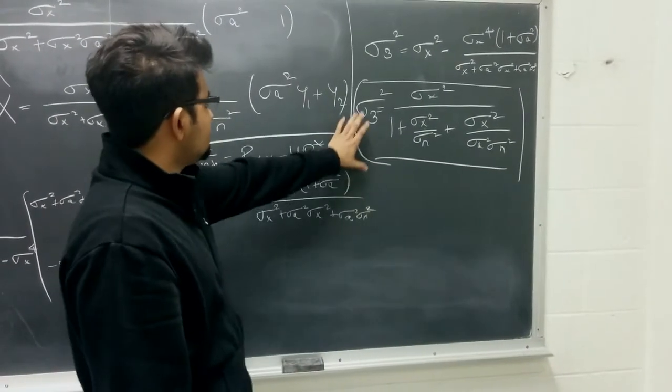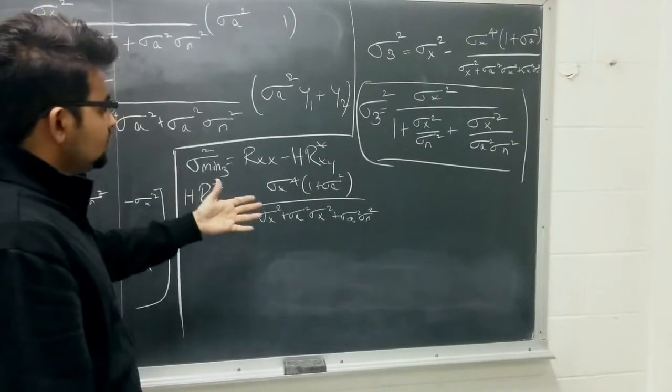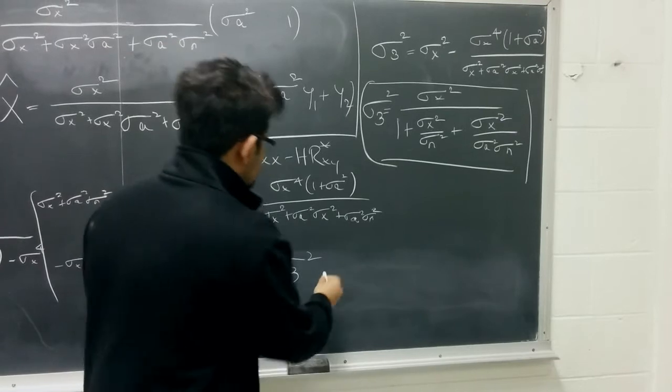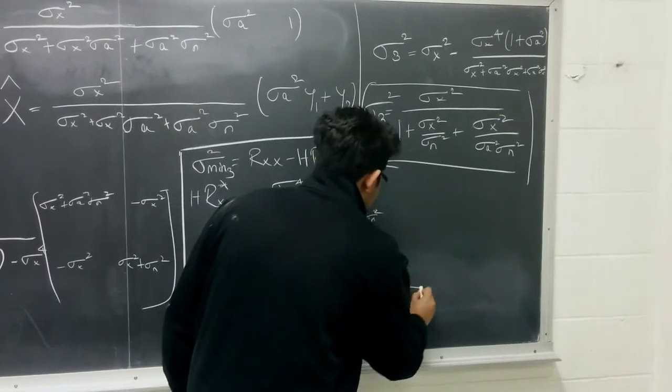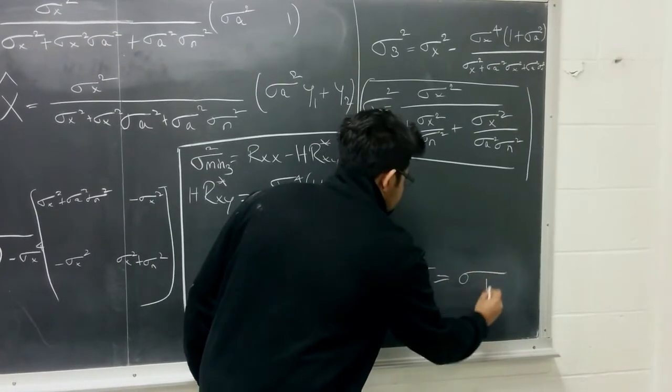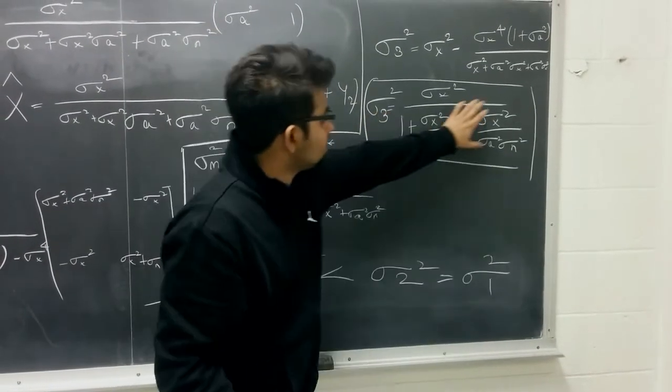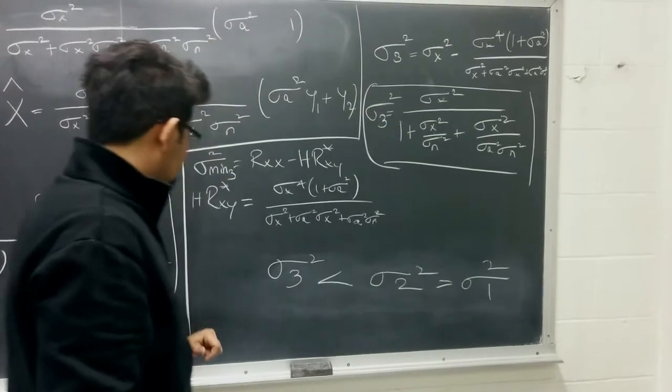We can clearly see from our previous results that sigma 3 square is less than sigma 2 square, since this has more terms in the denominator.